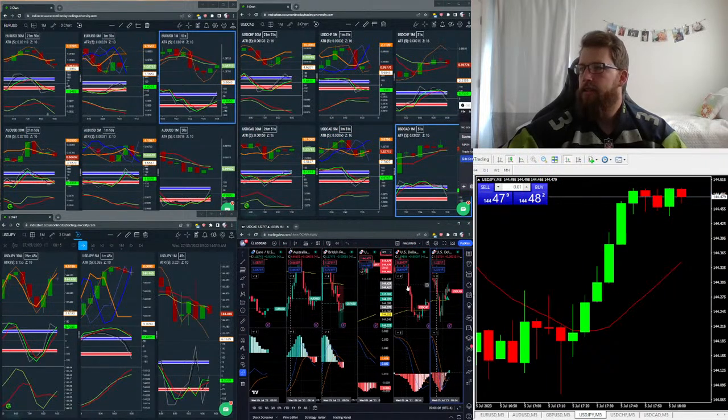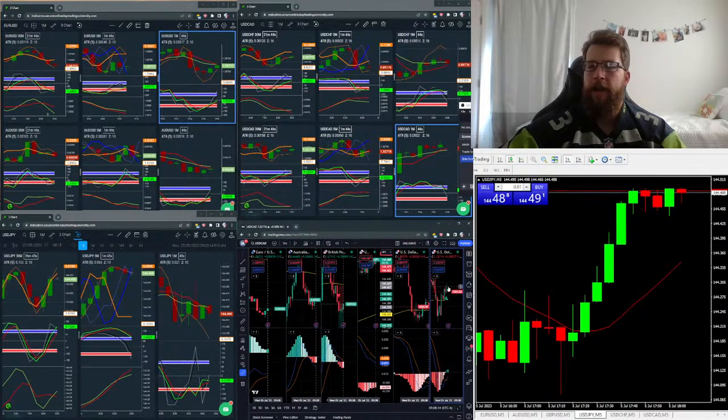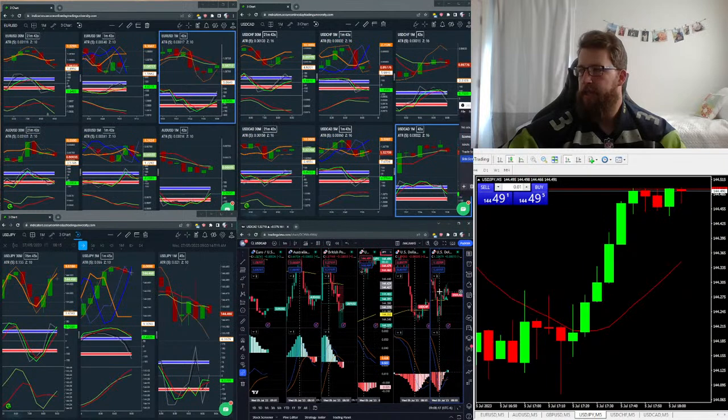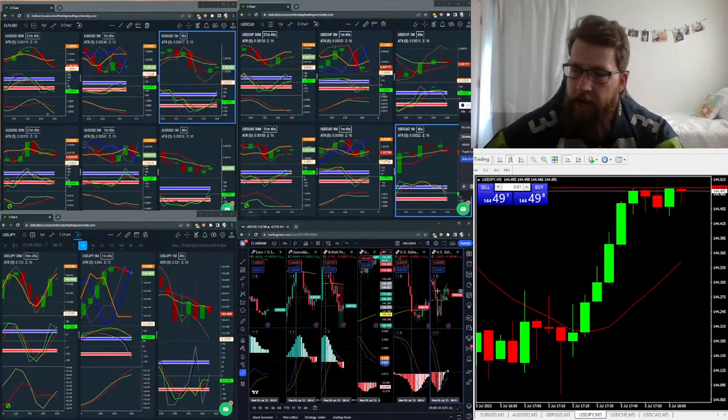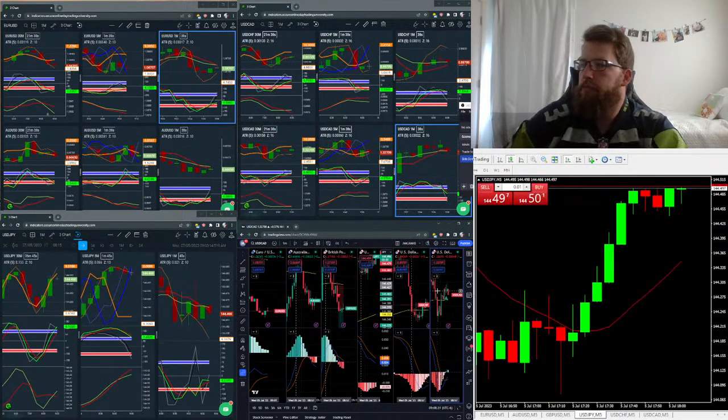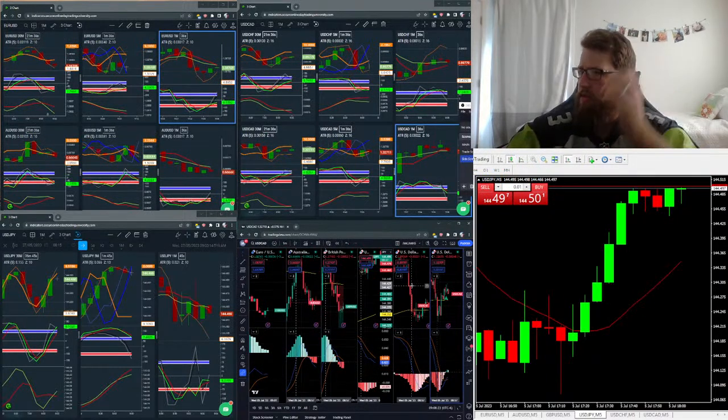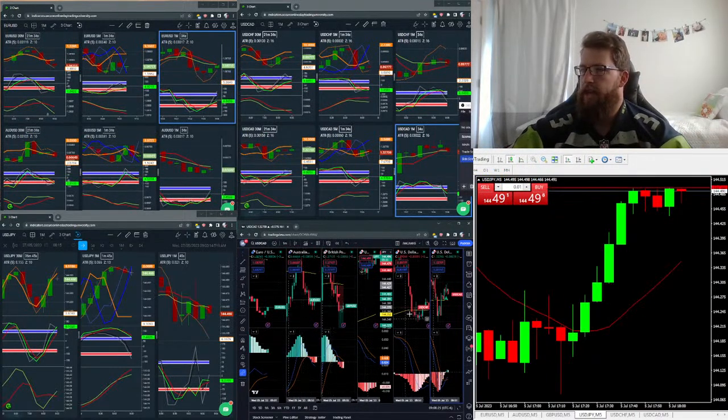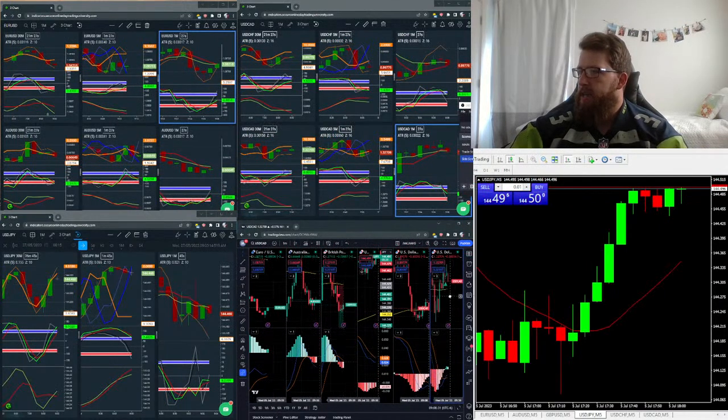I could be wrong. So no matter what strategy you're looking at, I think it's always good to have a 200 EMA up there. Because the price will react to it pretty much every time, in one way or another.